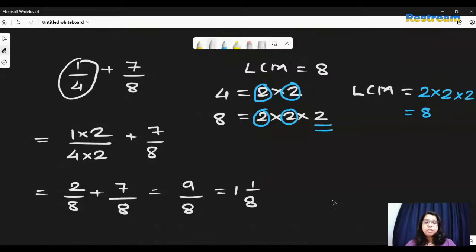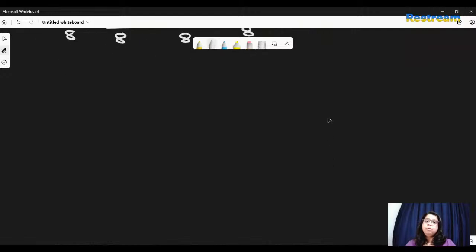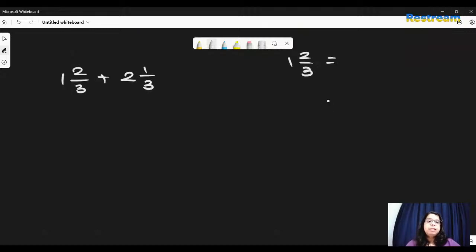Okay. Next one, we have to do what happens when we have mixed number additions. So let's say I have 1 2 by 3 plus 2 1 by 3. Now 1 2 by 3 can be represented as 1 plus 2 by 3, whereas 2 1 by 3 can be represented as 2 plus 1 by 3.